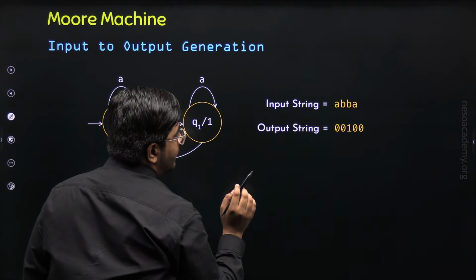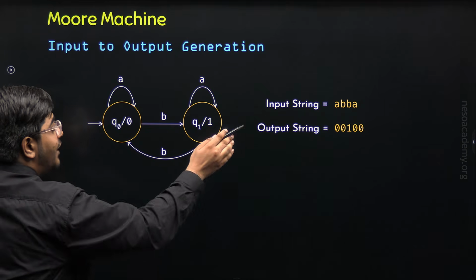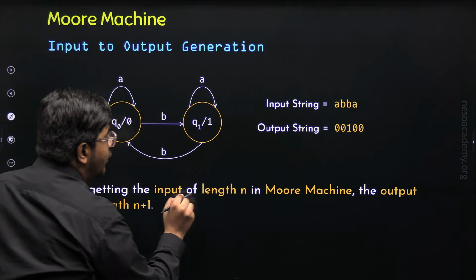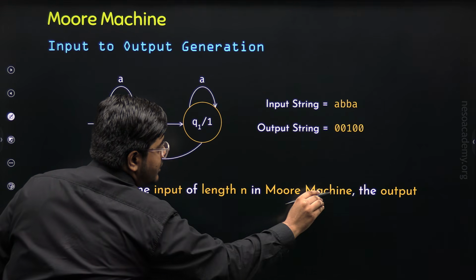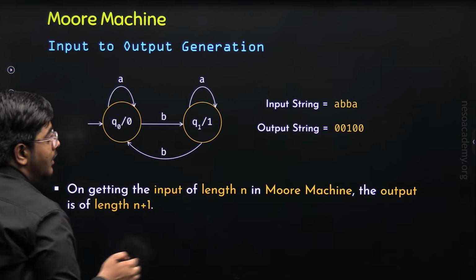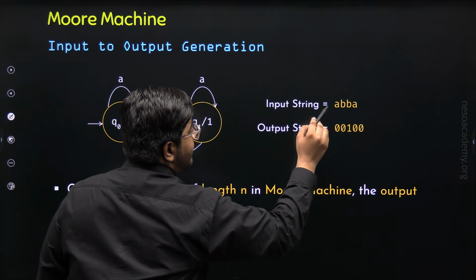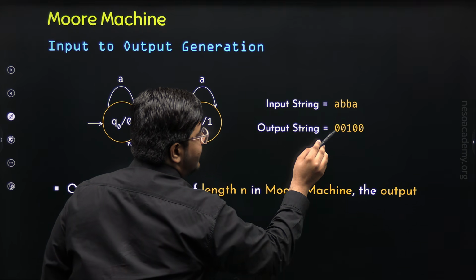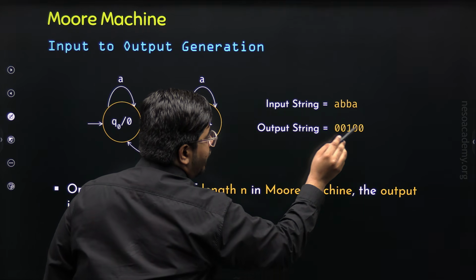If you carefully observe, you will find that on getting an input of length n in a Moore machine, the output is of length n plus 1. Here the length of the input string is 4, and the output string length is 5.